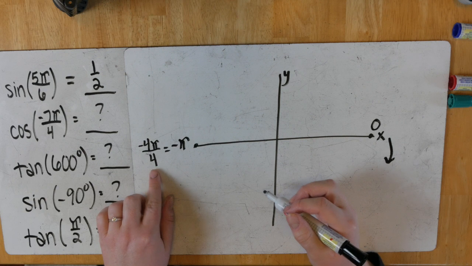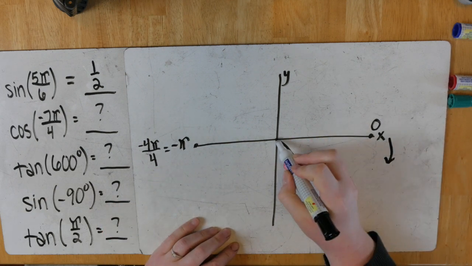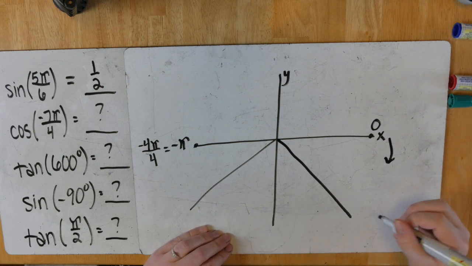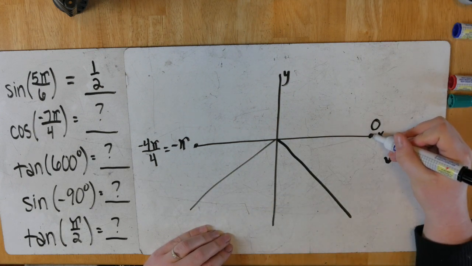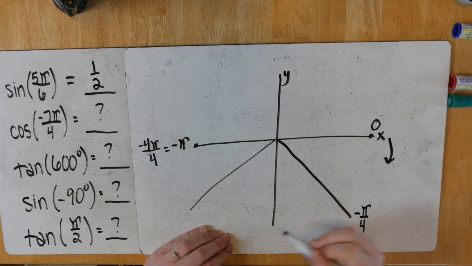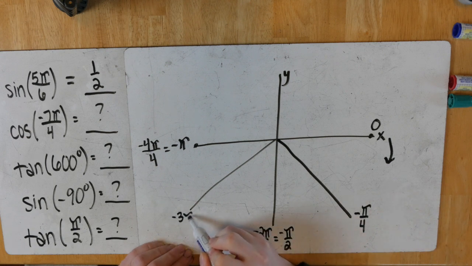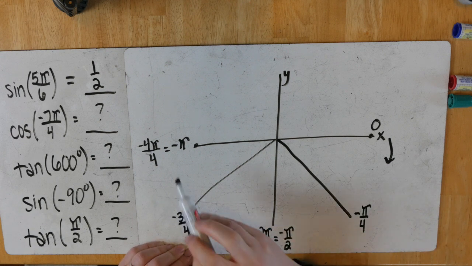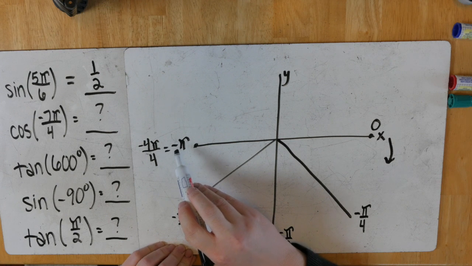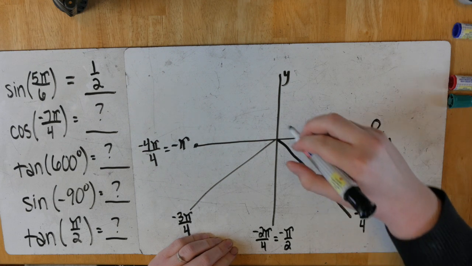So thinking about it in terms of 4's, we're going to break the bottom half of the unit circle up into 4's, which means that starting at 0, we'll move down to negative pi over 4, negative 2 pi over 4, which will simplify to negative pi over 2, negative 3 pi over 4, negative 4 pi over 4, and we have to keep going because we haven't reached negative 7 pi over 4 yet.